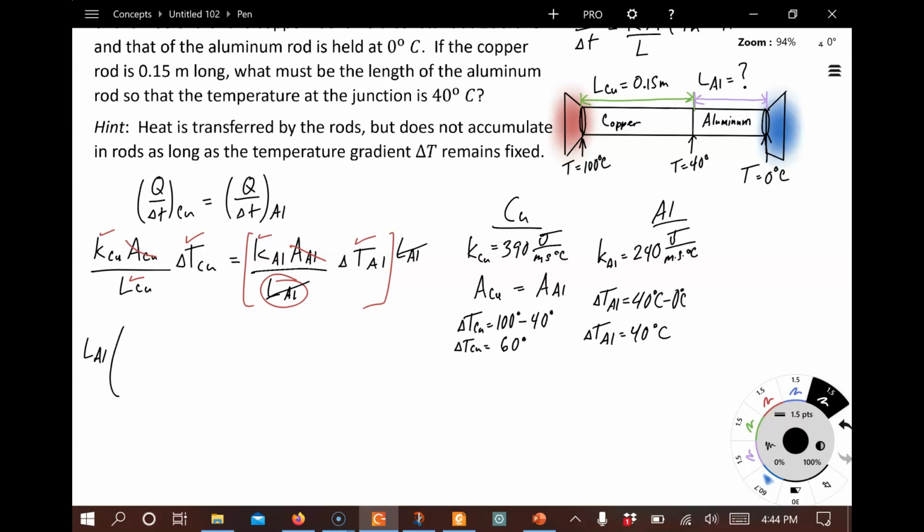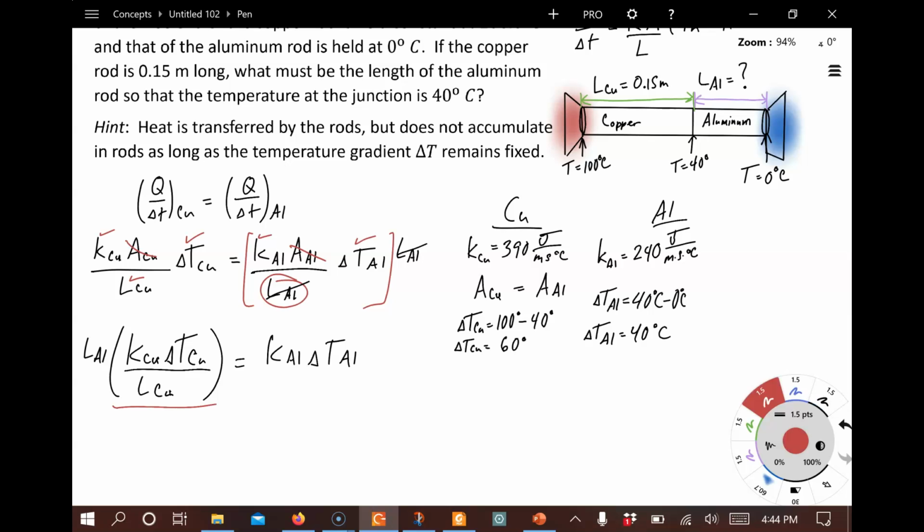And we've still got K Cu delta T Cu over L Cu, which is equal to K Al times delta T Al. Now we're going to take the reciprocal of this whole term here and multiply by both sides to cancel it out.